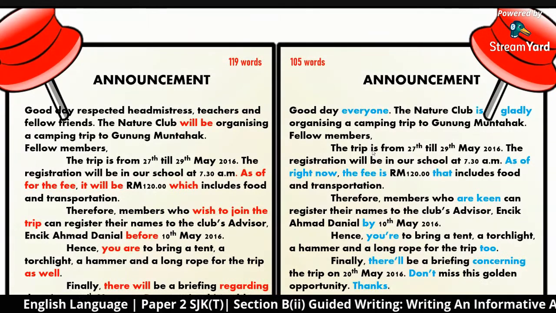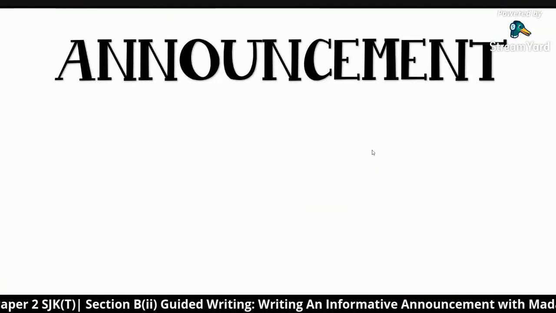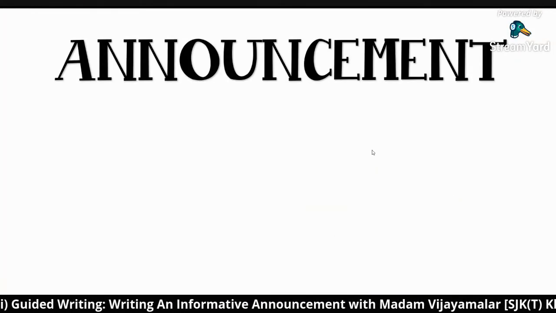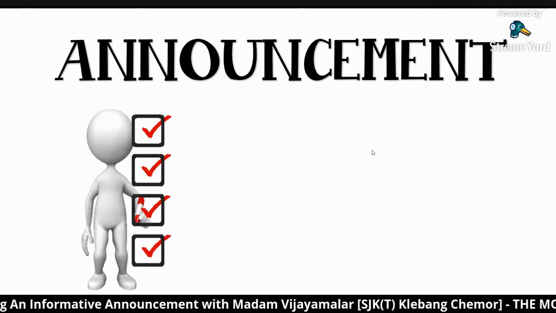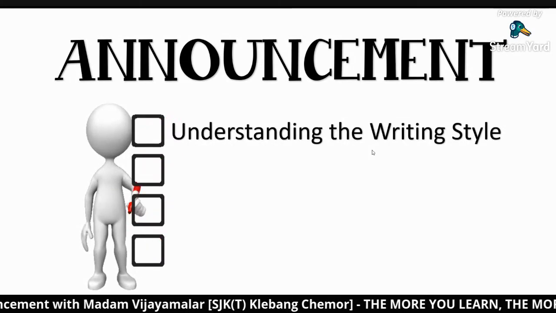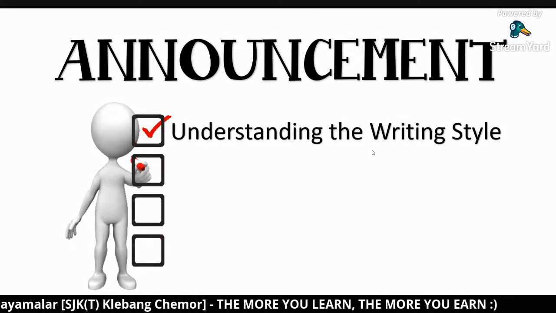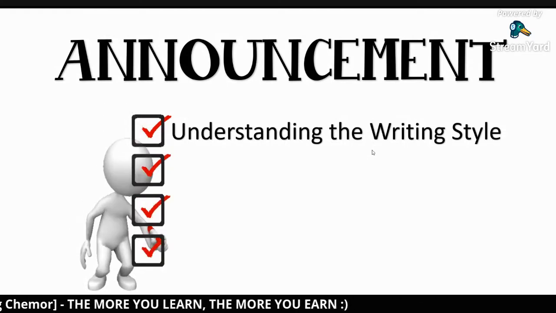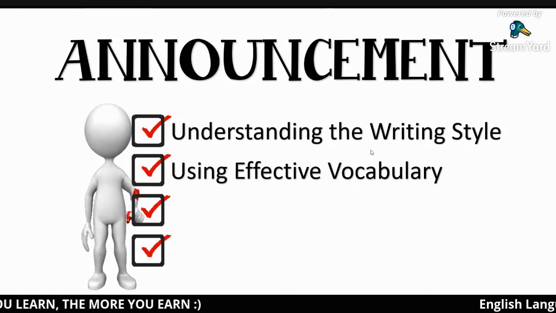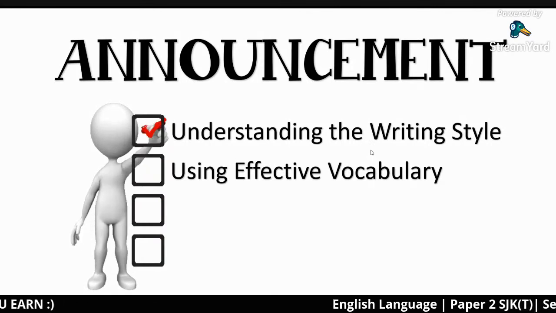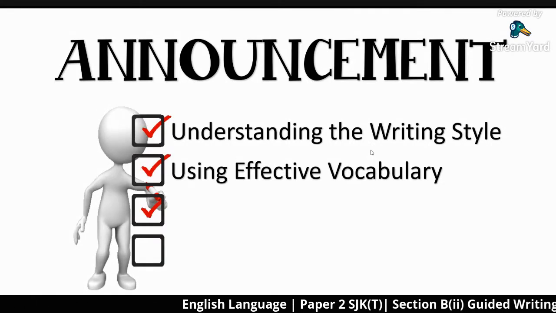Okay? All right. So when it comes to announcement, we have finally completed understanding the writing style, which is quite clear, right? It's not that difficult, it's quite easy. And we have used effective vocabulary like we just did just now, okay?